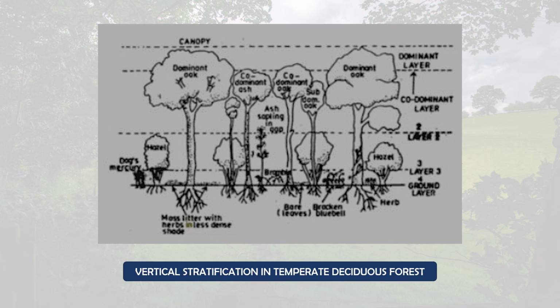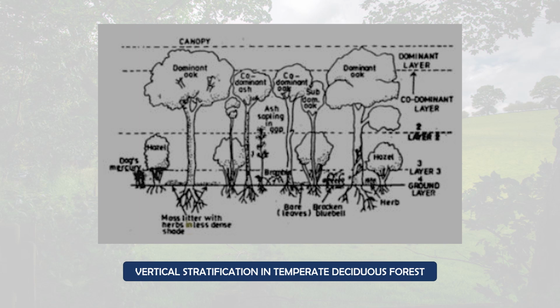Here in this picture you can see the vertical stratification in temperate deciduous forest. Here we have one dominant layer. It represents the topmost layer of the plant community, which is determined by the canopy of the largest trees.